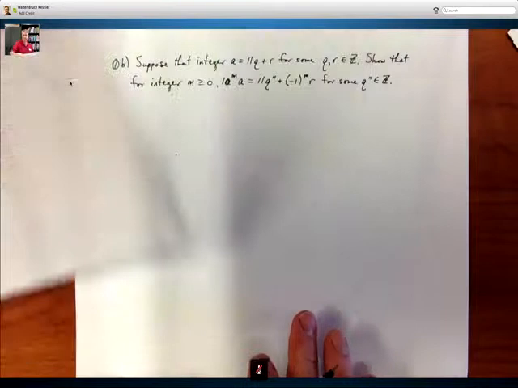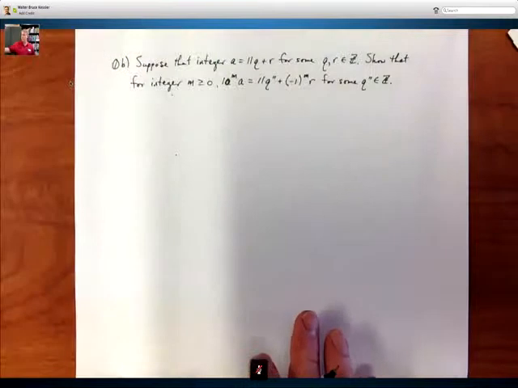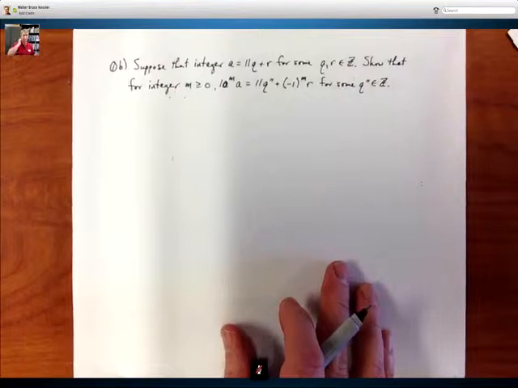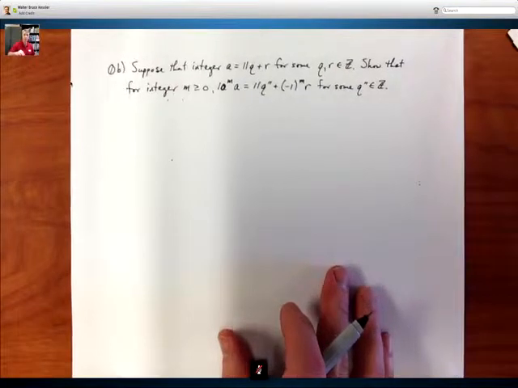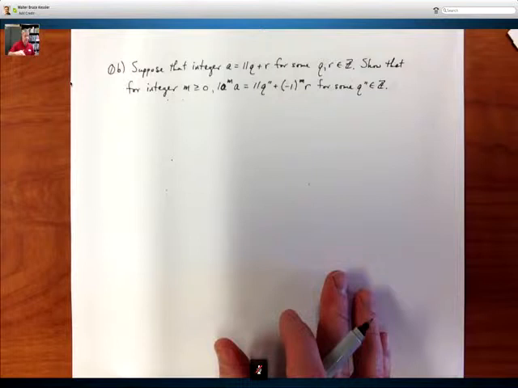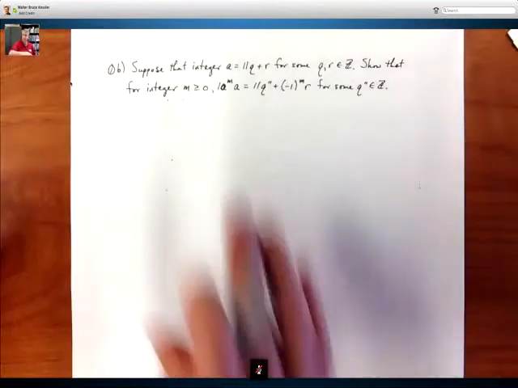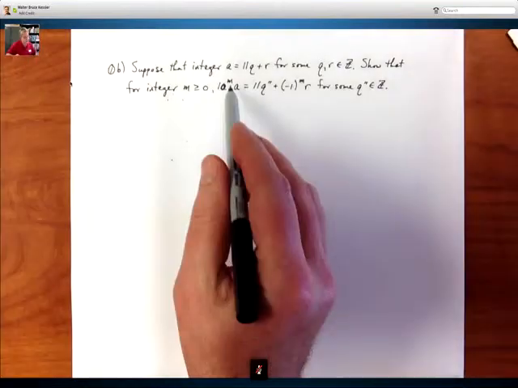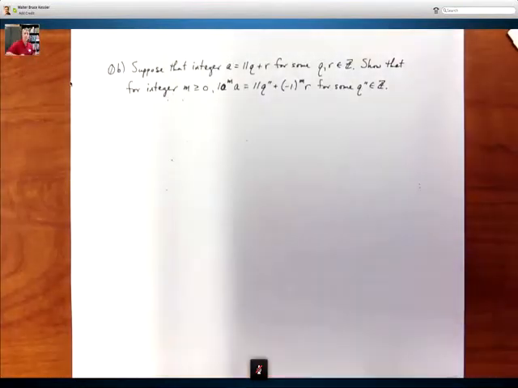Now 1b asks us to be a bit more general. If you're looking at 1b and you look back at 1a, you think, oh, 1a was a special case of this when m was equal to 1.